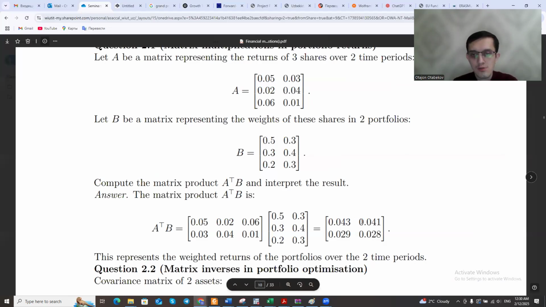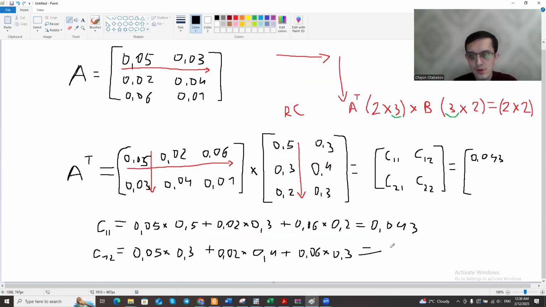And the answer should be 0.041. This is my 1 and 2 element. It will be located here, 0.041. Yes. Okay.